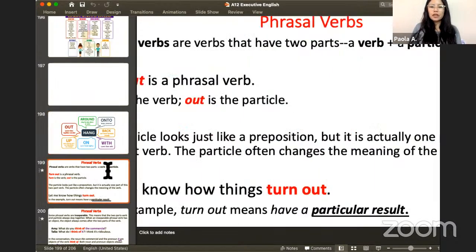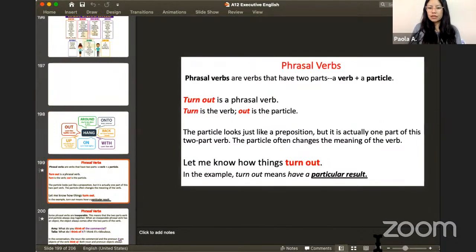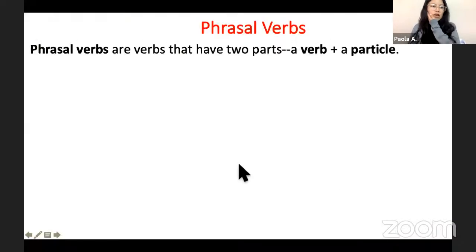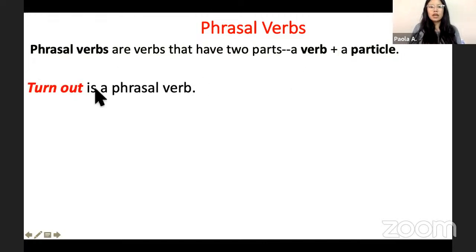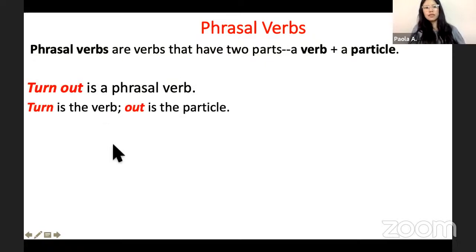So let's see the explanation. Phrasal verbs are verbs that have two parts, no? A verb and a particle, or it could be a preposition. Turn out is a phrasal verb, right? The verb is turn, and then out is the particle. The combination of both has a meaning.